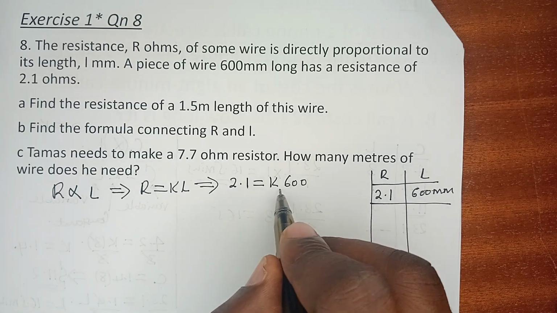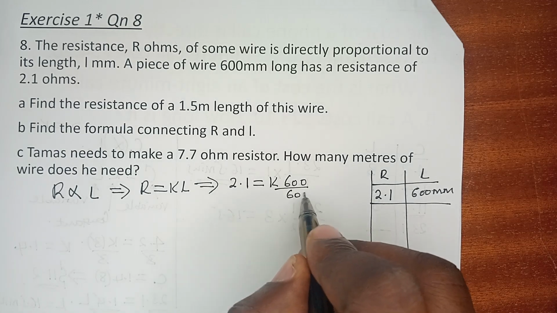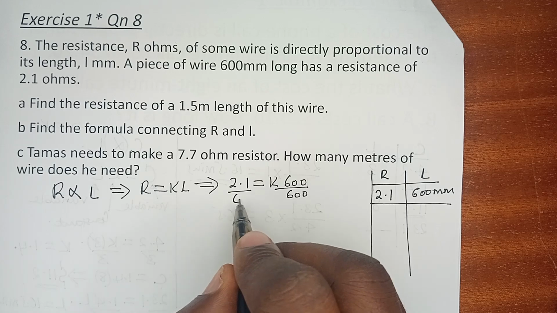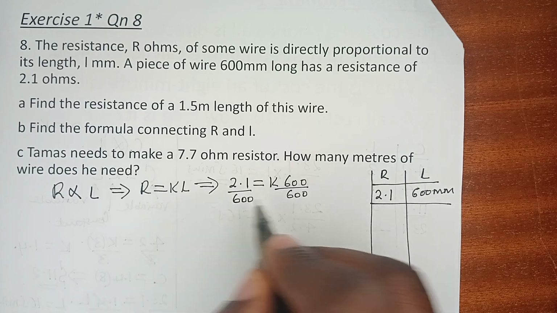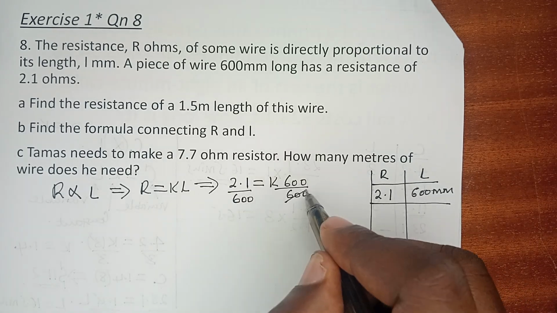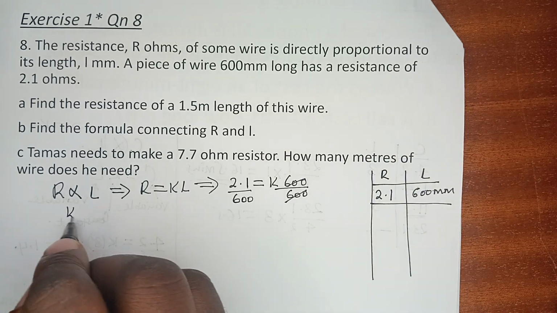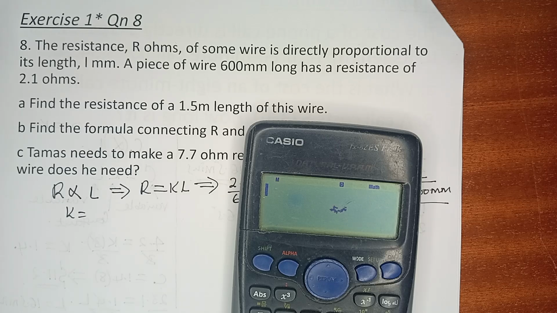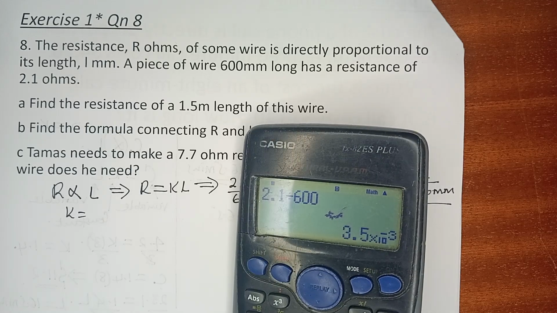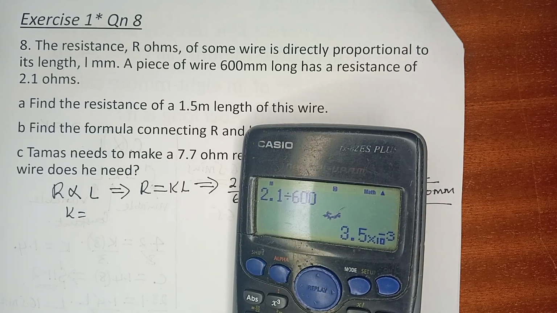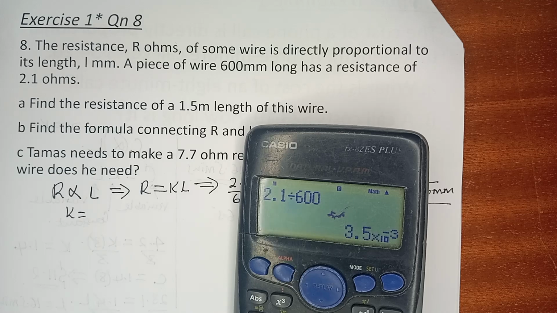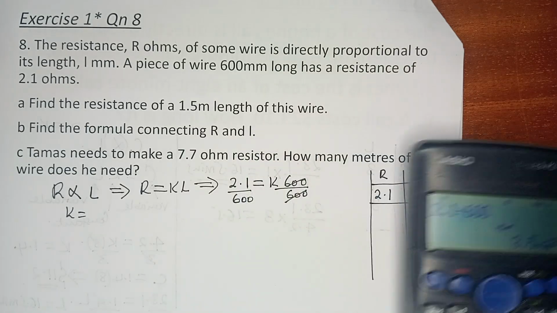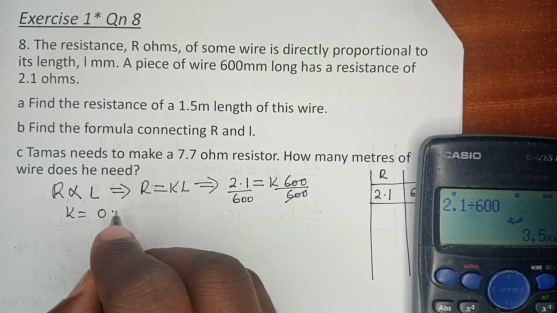So for the value of K, we divide both sides by 600. 2.1 divided by 600, and you easily find K to be 0.0035.